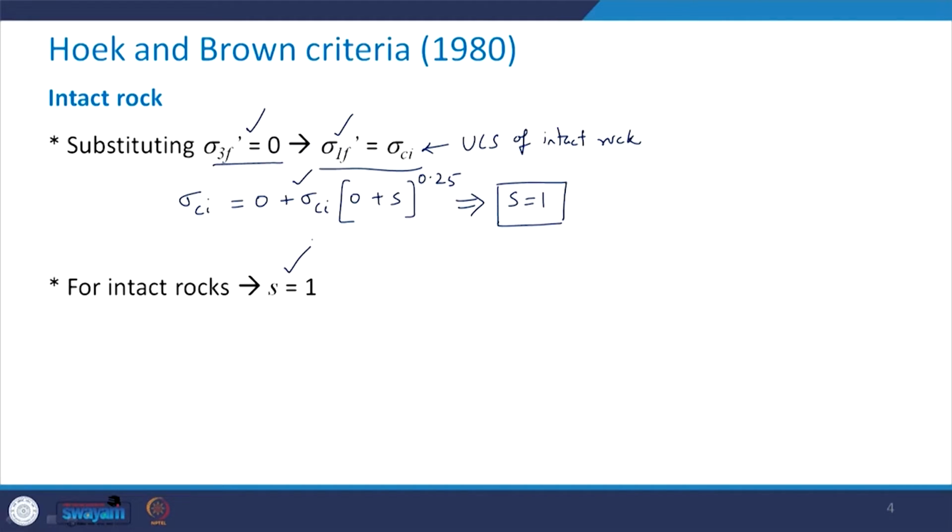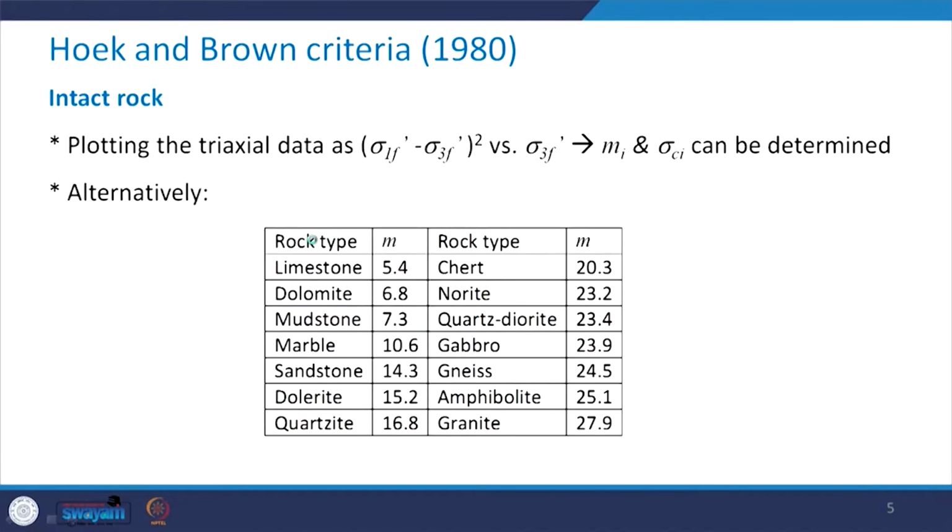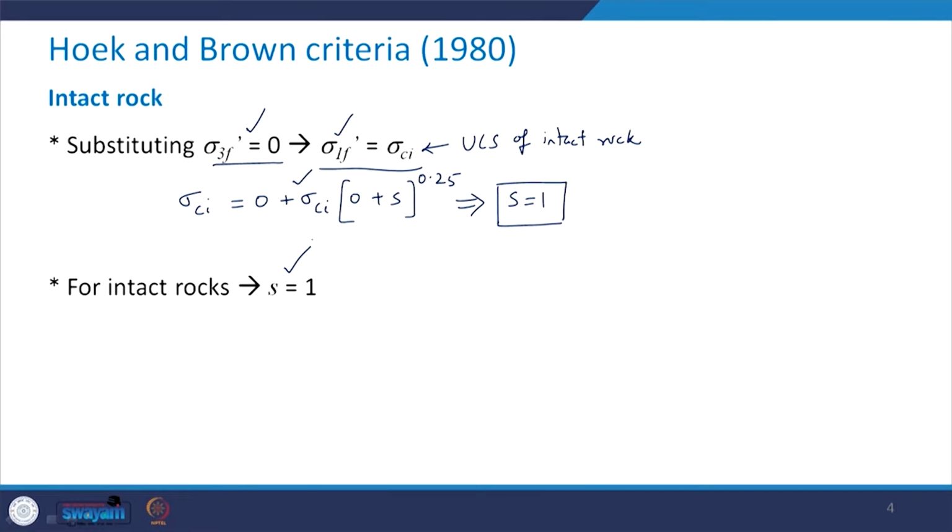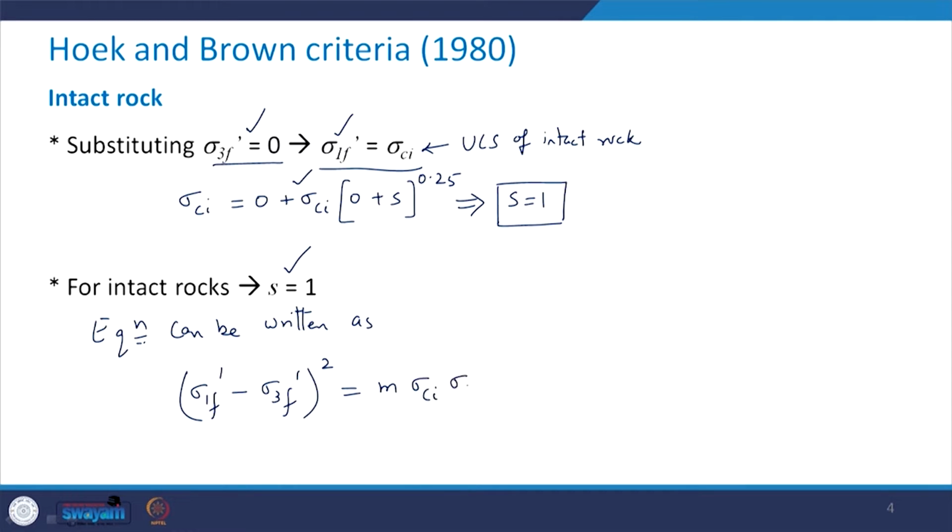Now, if we substitute s equal to 1 in the Hoek and Brown criterion equation, that equation can be written as (sigma 1f prime minus sigma 3f prime) whole square is equal to m sigma ci sigma 3f prime plus sigma ci square.